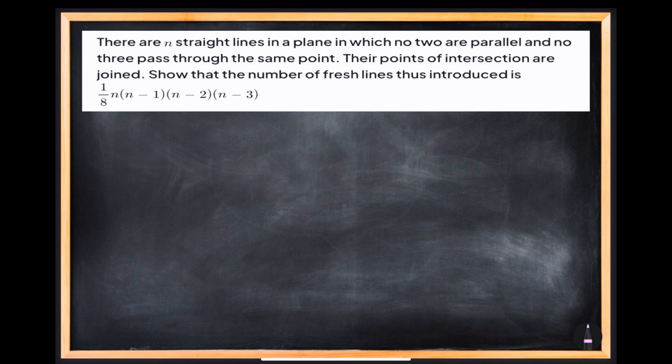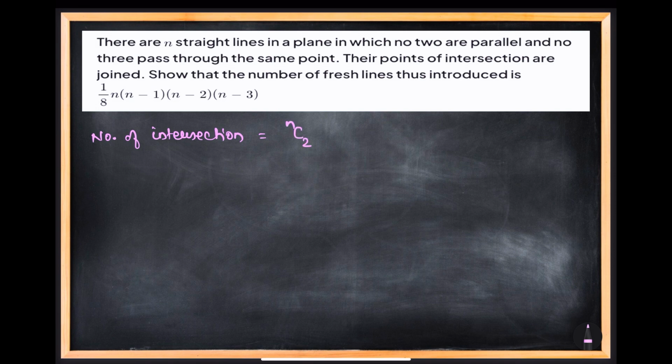So look at this situation. You know that there are n straight lines, correct? If there are n straight lines, they would intersect at how many points? The number of intersections would be nC2.